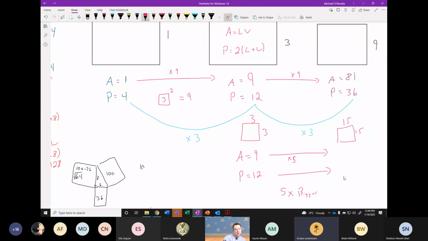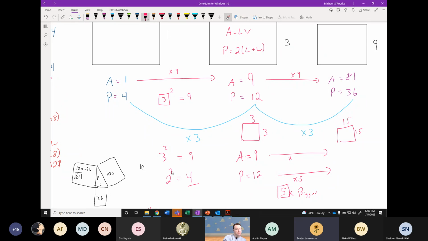I got these mixed up, sorry. That would be times 5, right? What would this one be times by? Thinking back, the first one was times 4. The second one we did was times 9. If we made it 5 times bigger, what do you think it would be times by here, this area?